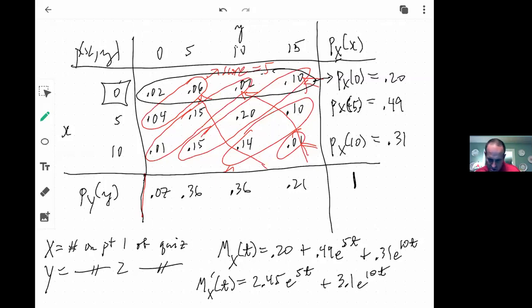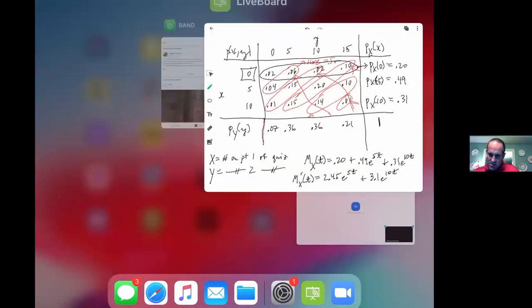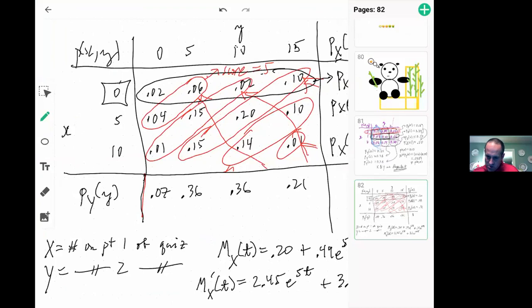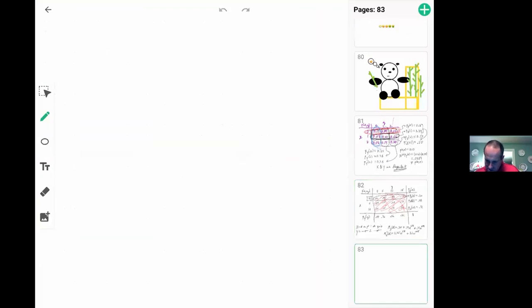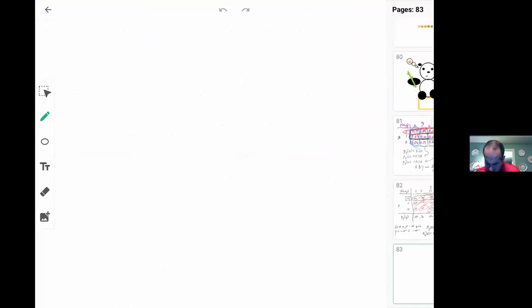So there's the first derivative. So 2.45 e to the 5t plus 3.1 e to the 10t. That's what mx prime of t was equal to.